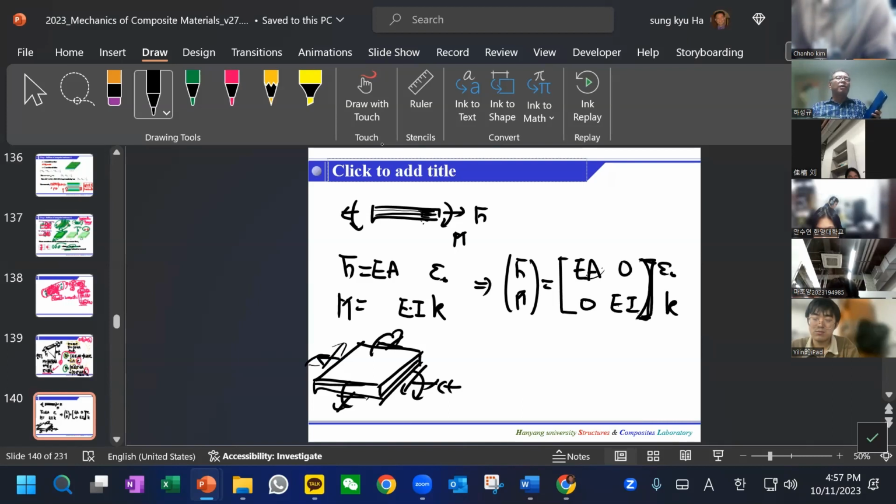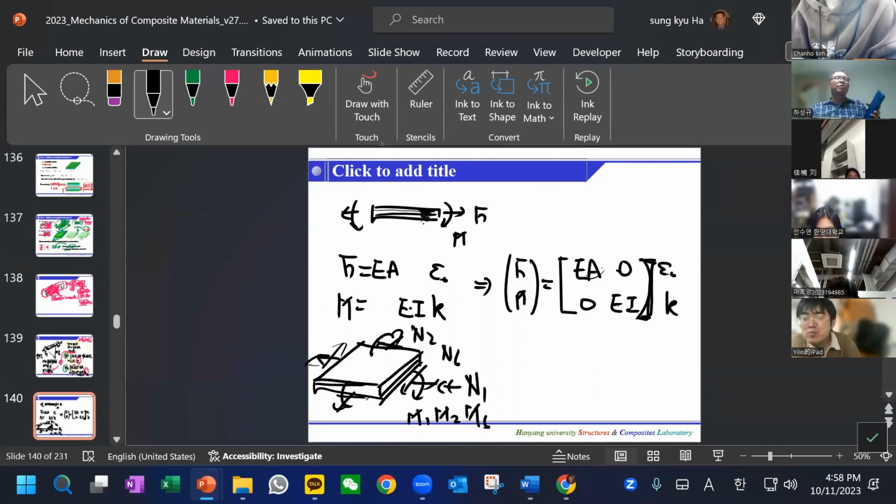So here in general, instead of F, we have N1 and N2 and shear N6, and in the bending we call M1, M2 and M6.